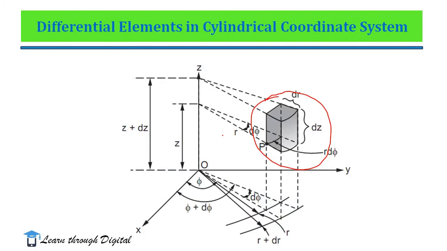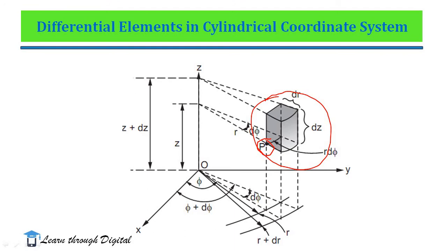Next, the differential elements in the cylindrical coordinate system. Here we consider a point P with coordinates r, phi, z in the cylindrical coordinate system. Let each coordinate be increased by a differential amount. The differential increments in r, phi and z are dr, d phi, dz respectively.